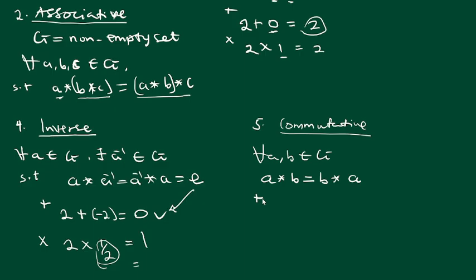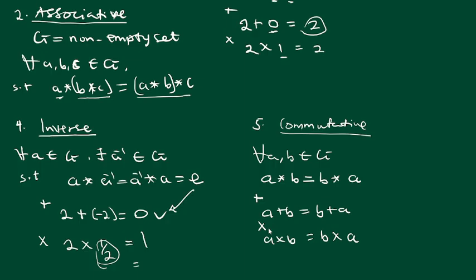So if it is under addition, A plus B is the same as B plus A. If it is multiplication, A times B is the same as B times A. Right. So that is that for these properties. So binary systems or binary operations obey all these conditions.